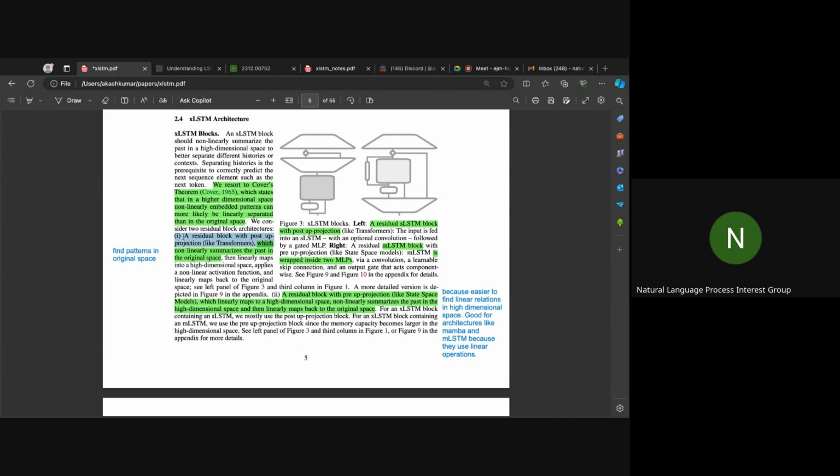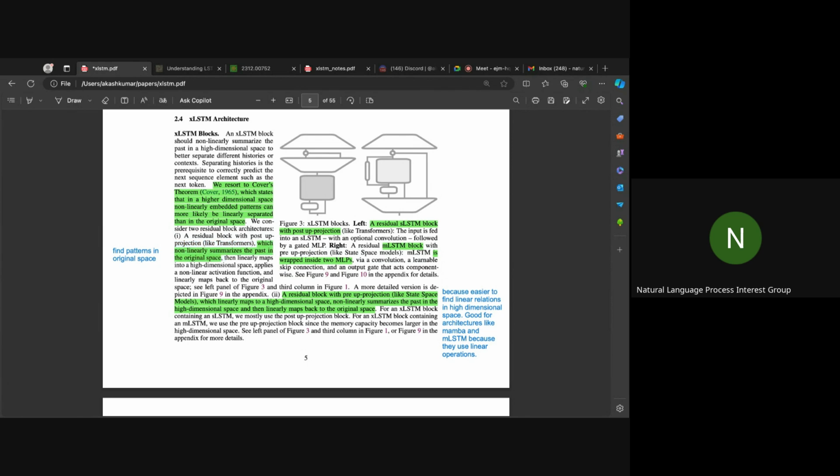A residual block with the post-up projection also happens in the transformer. In the transformer, first you have the attention value calculation, and then you have the linear layer where you increase the dimension and then reduce it again. The idea is that this post-up projection non-linearly summarizes the past in the original space.